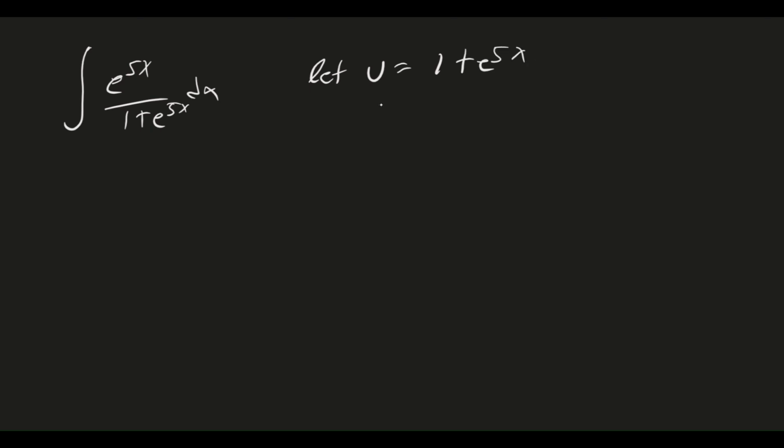We can differentiate u. If you differentiate a constant, it is 0. So we're going to be left with e raised to the power of 5x times 5.